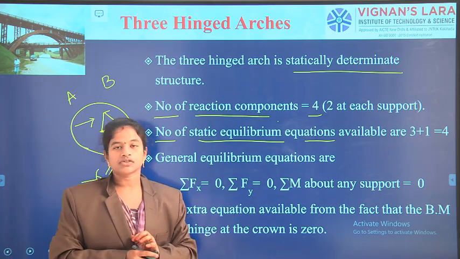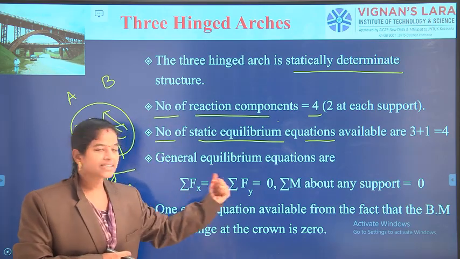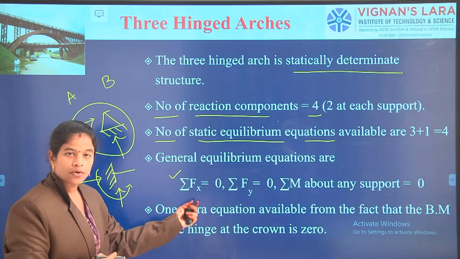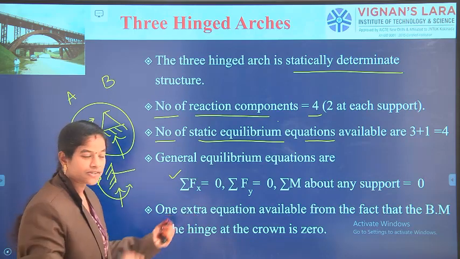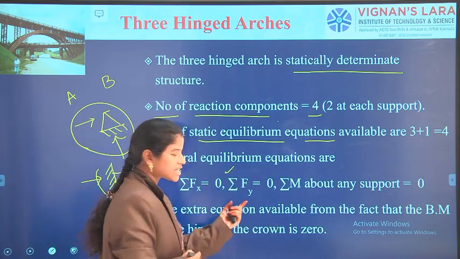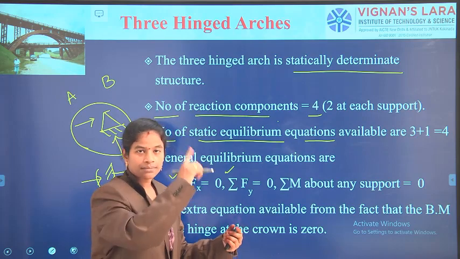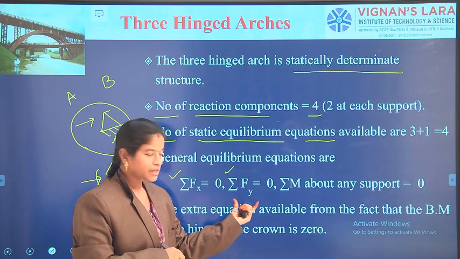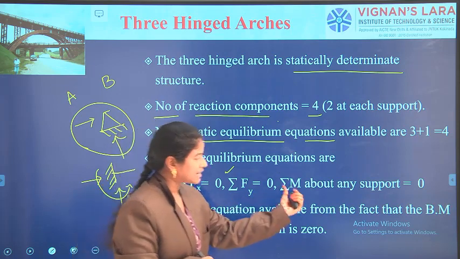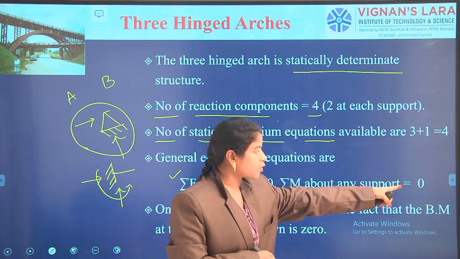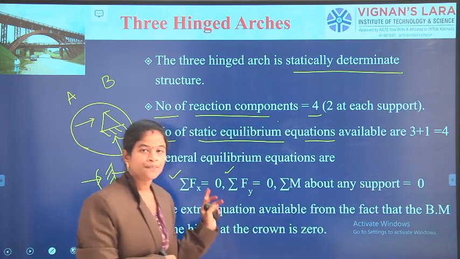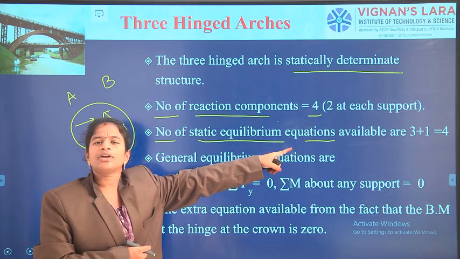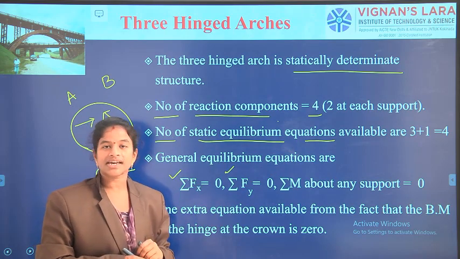So I have mentioned here: the sum of all the forces in the x direction is equal to 0, the sum of all the vertical forces, upward and downward, is equal to 0, and the sum of all the moments about any support is equal to 0. These 3 are the main equilibrium equations, but here we have mentioned that 4 equilibrium equations are available.